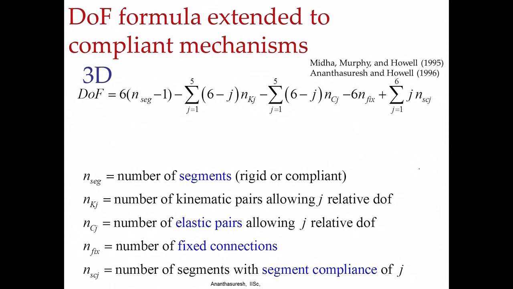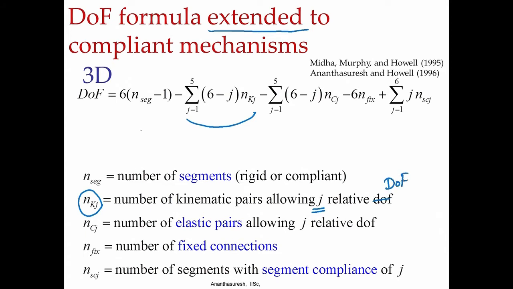Now, let us look at that extended to compliant mechanisms. So, we understand this part. Now, instead of calling F1, F2, F3, we are using NKJ, that is the number of kinematic pairs or kinematic joints that allow j relative degrees of freedom. Okay, this degrees of freedom DOF. Okay.